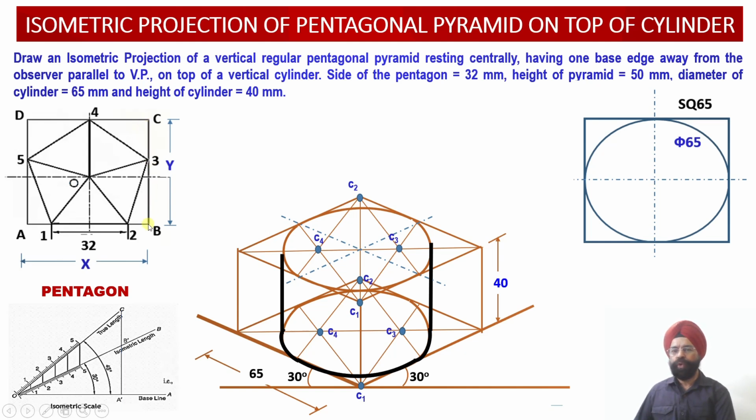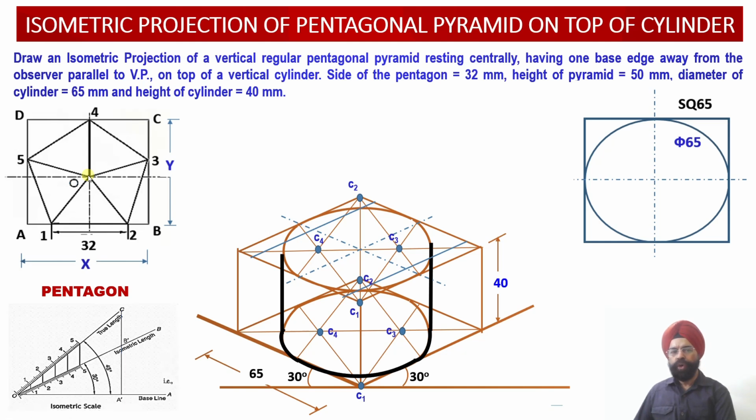So what I have to do now is locate this rectangle centrally on top of this particular square. This is my square, so this rectangle has to be located centrally. So please check. With respect to this axis point, I have to locate this rectangle onto this square surface such that the center point, that is the axis point of the cylinder, should be matching with the axis point of this pentagonal shape.